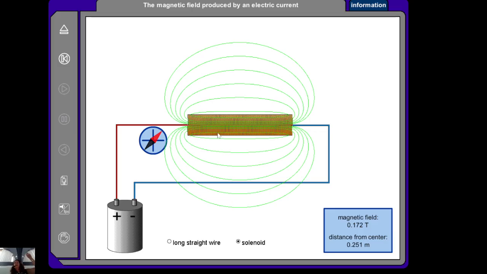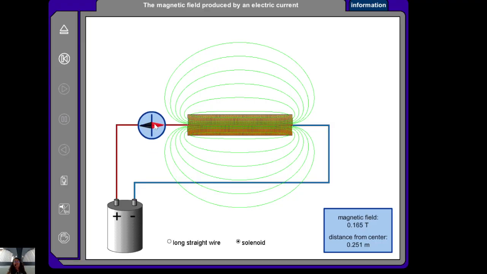So now if you put inside a piece of soft iron, it will squeeze everything inside, and you're going to have a very strong magnet that you can control. When you open the switch, magnet stops. Close the switch, magnet is on. So you can pick up junk in a junkyard, turn on the magnet, move them, and then let go. So this is called an electromagnet.